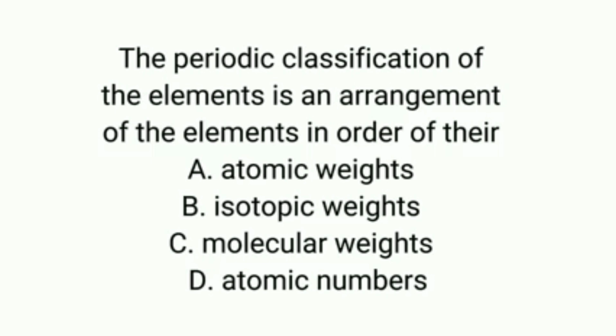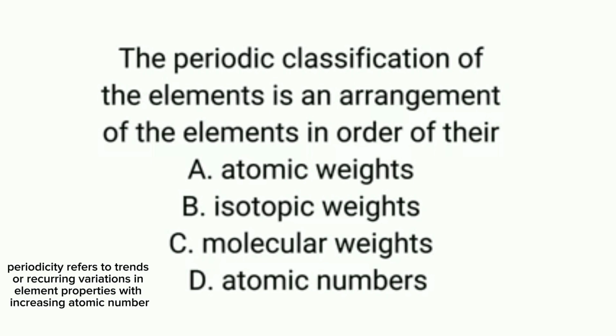This is how the elements in the periodic table are arranged up to the 118 elements, simply based on the atomic number. That's why the definition of the periodic table is the classification or arrangement of elements into rows and columns with respect to increasing atomic number.